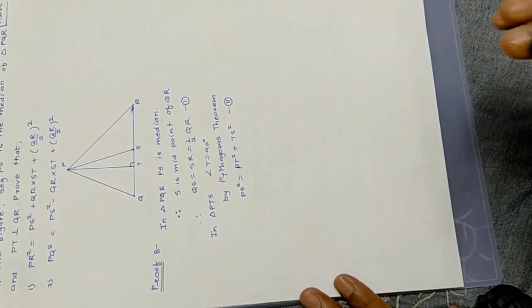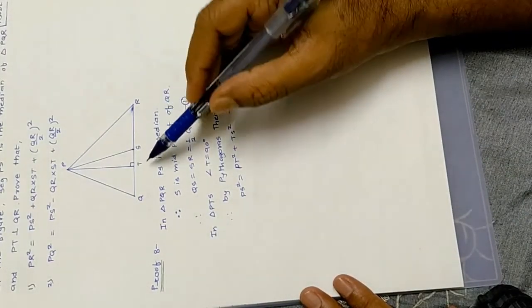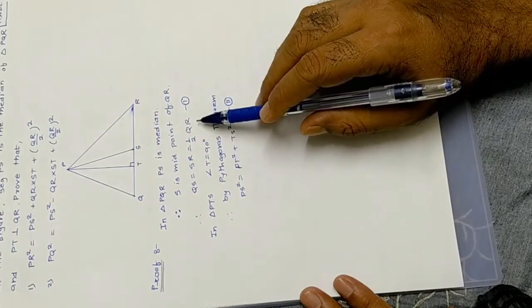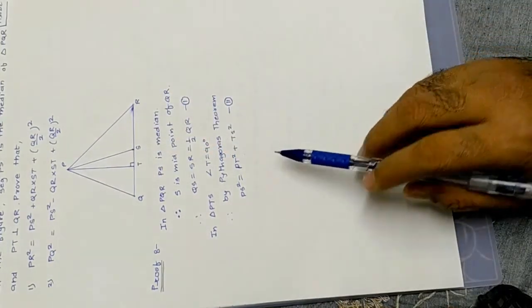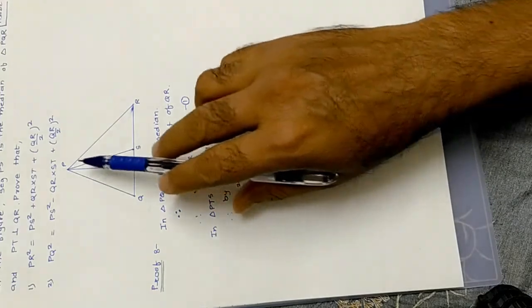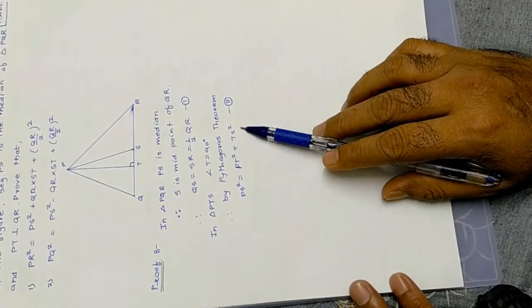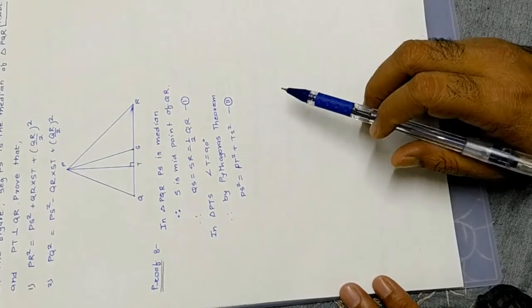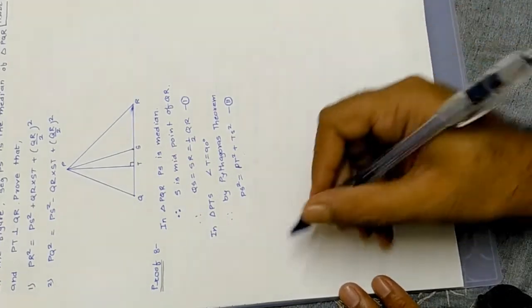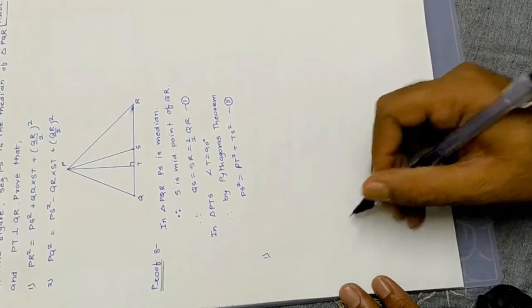So we are just following the simple steps. First we wrote QS is equal to SR is equal to half of QR because S is the midpoint. Now we applied Pythagoras for triangle PTS. Okay, so PS square is equal to PT square plus TS square. Now first part, what is that?